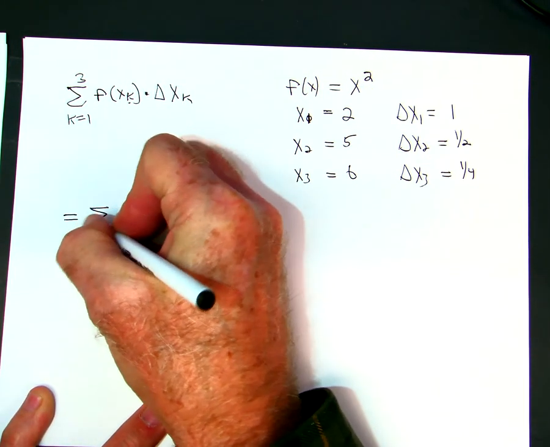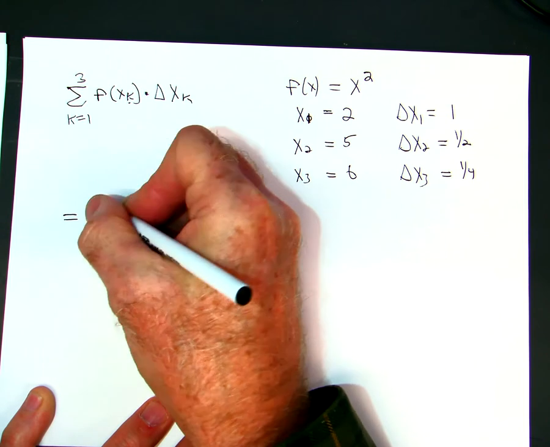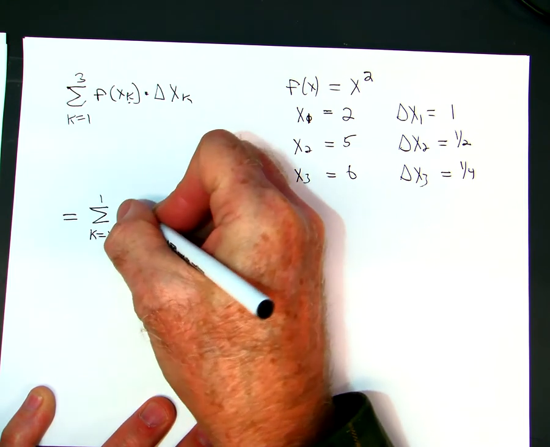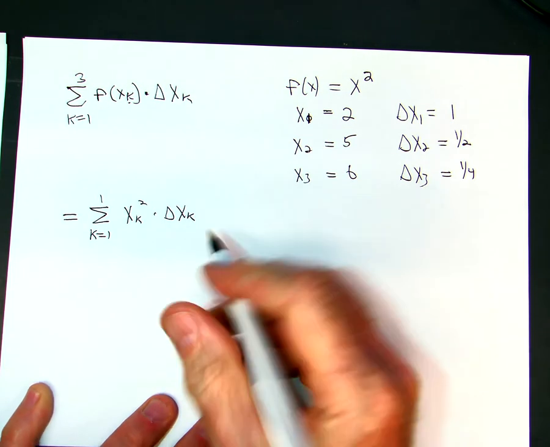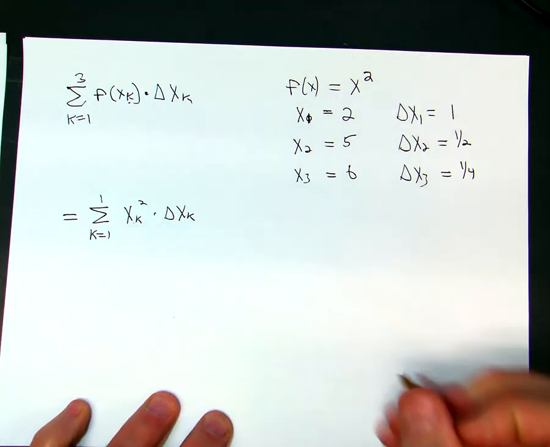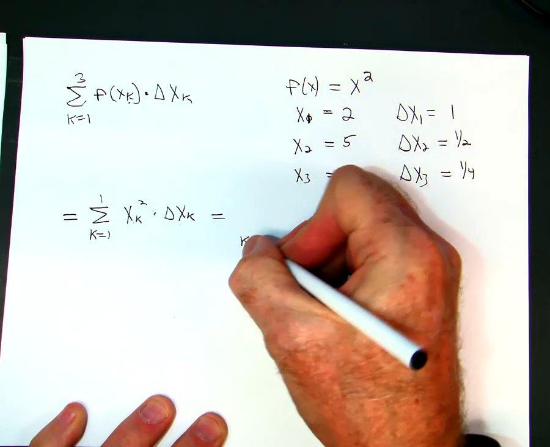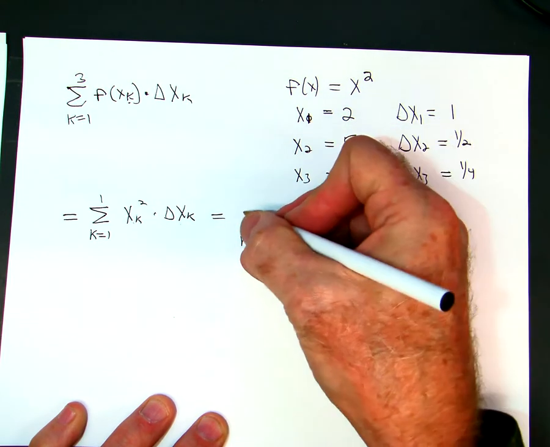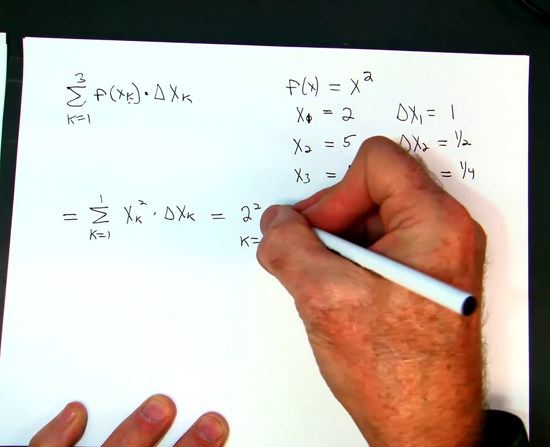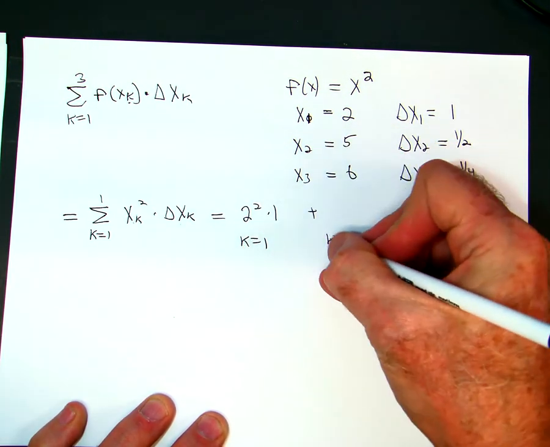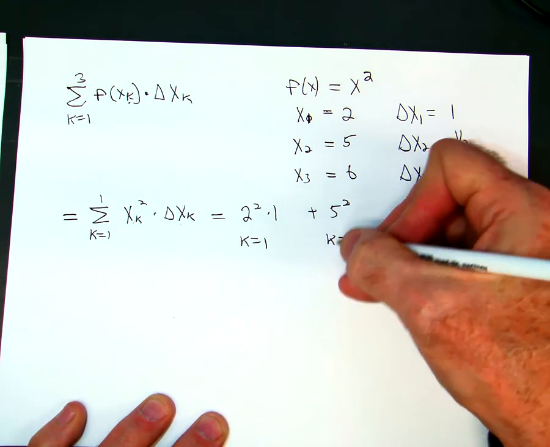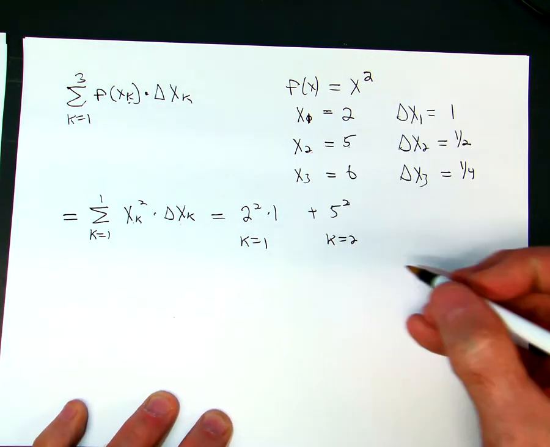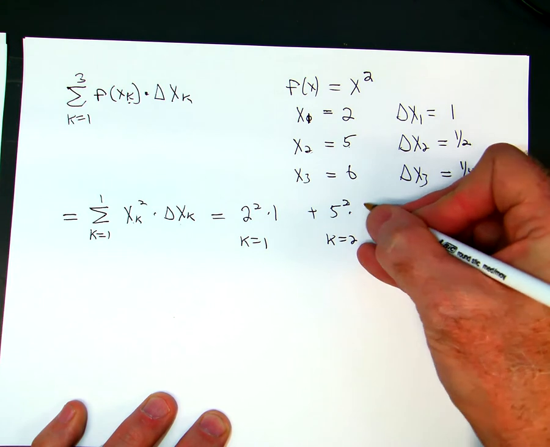So, this is going to be equal to the sum from k equal to 1 of x_k squared times delta x_k. Now we don't have a nice formula for x_k or delta x, so I have to write it out. So when k is equal to 1, I get x1 squared and delta x1. When k is equal to 2, I get x2 squared, which is 5 squared, times 1/2.